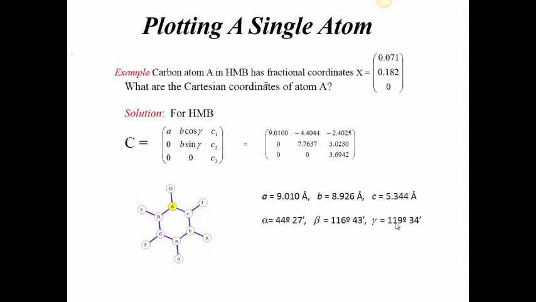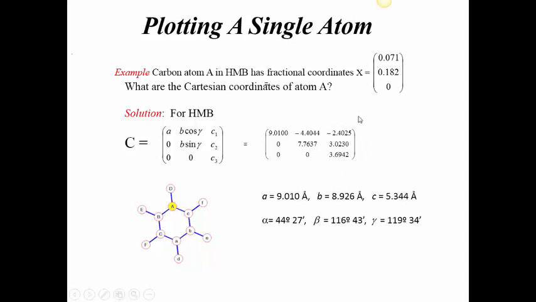The cosine of 120 degrees is minus 1/2, so it's going to be roughly minus 1/2 times B. B is 8.9, and minus 1/2 of it is pretty close to minus 4.4, or so, and that's exactly what it is when you put in the 119 degrees 34 seconds. And likewise, you can see all the rest of these entries into the C matrix will derive from A, B, C, alpha, beta, gamma.